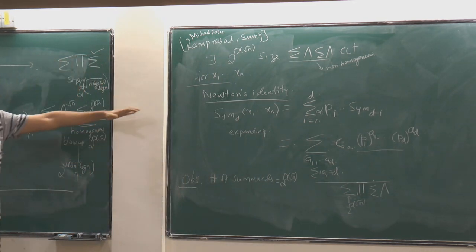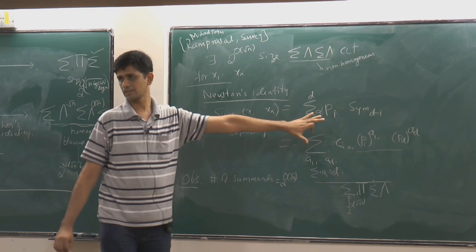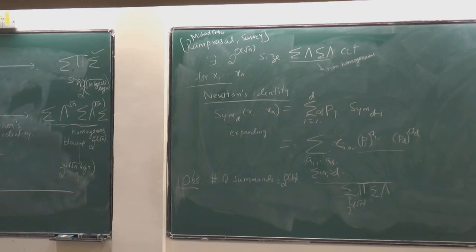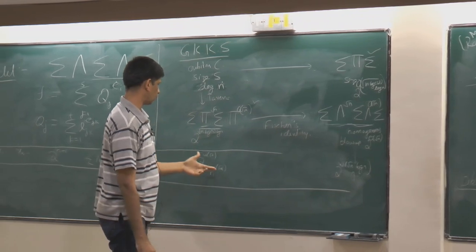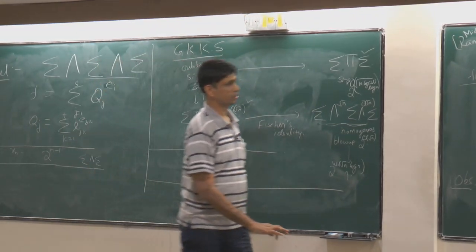In other words, what I was trying to say is that Fisher's identity here in our context is cheap, in the sense that it's only 2 to the order root n, whereas the target lower bound that we want is 2 to the omega root n.